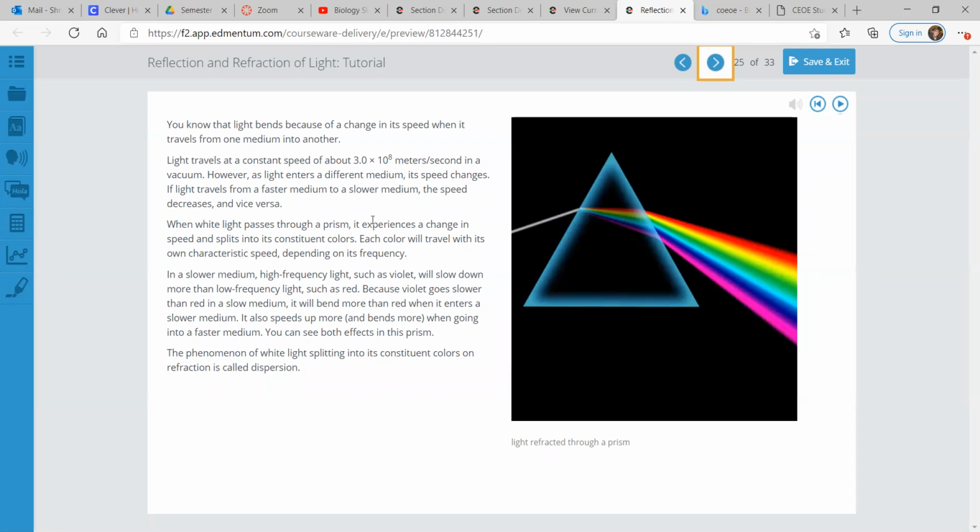Because violet goes slower than red in a slow medium, it will bend more than red when it enters a slower medium. It also speeds up more and bends more when going into a faster medium. You can see both effects in this prism. The phenomenon of white light splitting into its constituent colors on refraction is called dispersion.